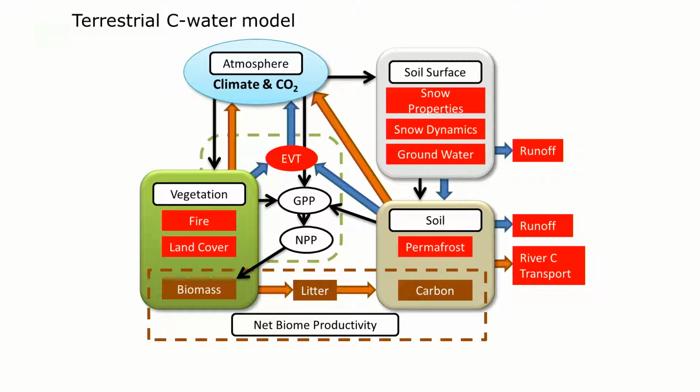And marked on it are some of the processes that you need to put in your model to capture those water and carbon flows. And the ones in red I've marked because they are what are called essential climate variables as recognized by the Global Climate Observing System, and hence the IPCC.